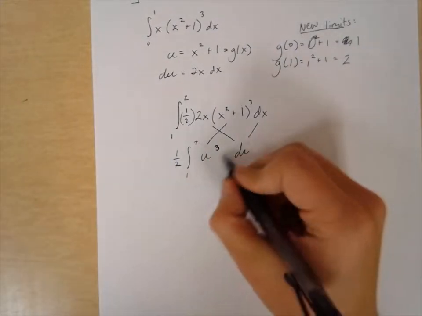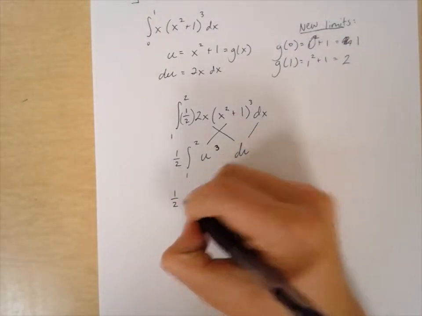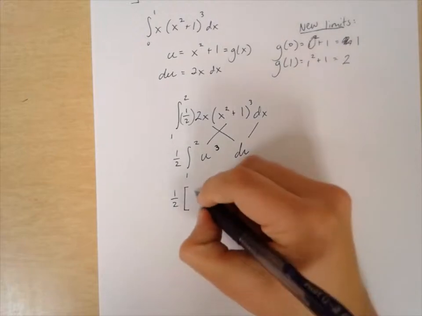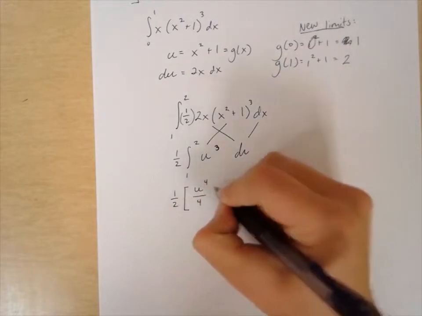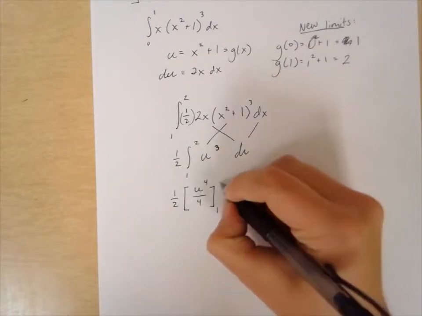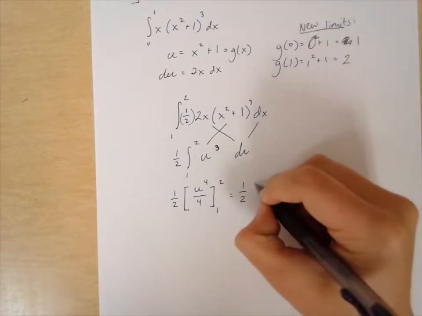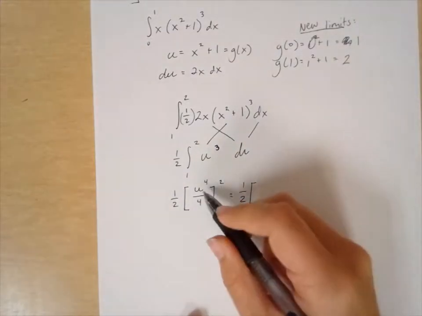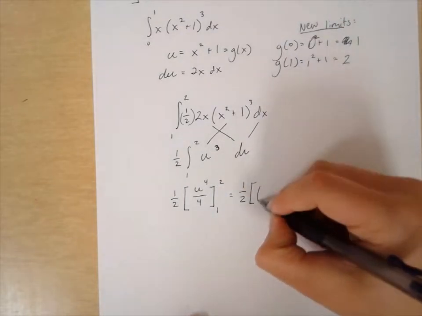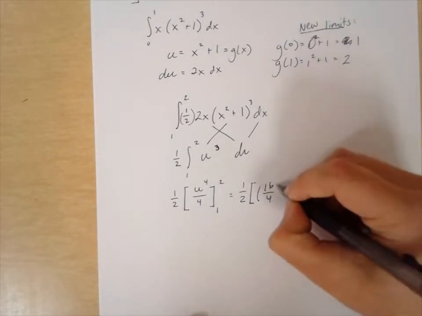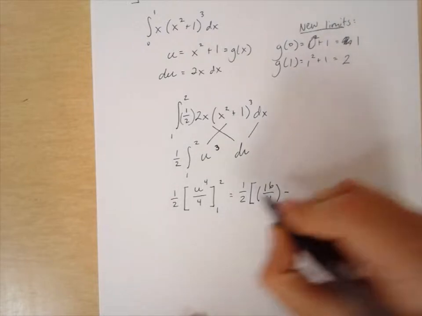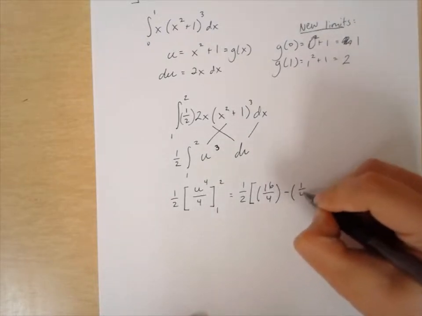We can find the antiderivative. So we're going to say 1/2 outside the antiderivative u to the 4th over 4. And we're doing that from 1 to 2. So that's the same as saying 1/2 outside of 2 to the 4th over 4, 16 over 4, minus 1 to the 4th over 4, 1/4.